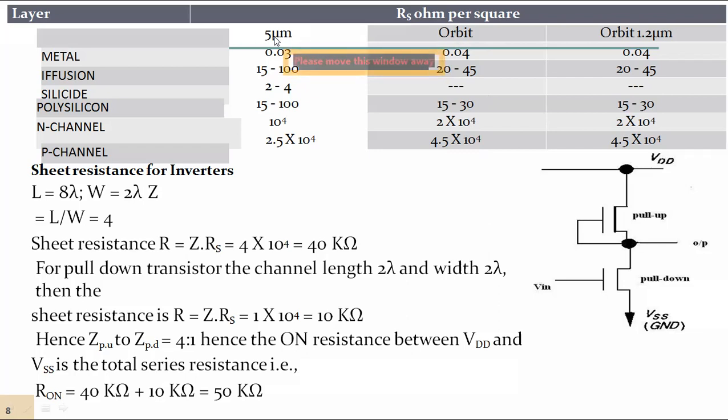Within the 5 micrometers, 5 into 5 is 25 micrometer square area. In this case, the area decreases, but the sheet resistance value increases in the N channel and P channel. In the N channel it is 2 into 10 to the power 4, and 4.5 into 10 to the power 4 for the P channel. As the area decreases, sheet resistance increases.